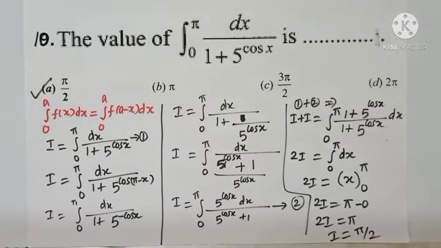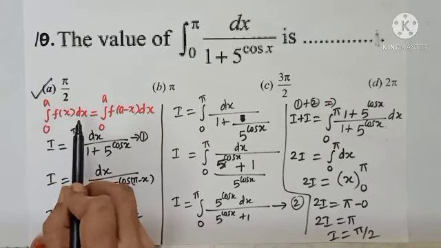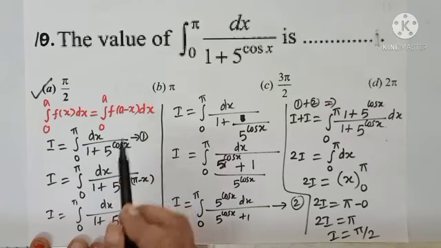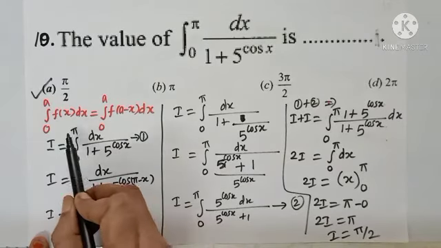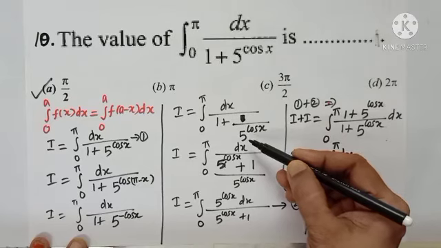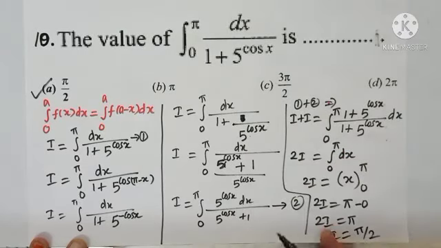So in this problem, we are using the property of definite integrals: integral 0 to a f of x dx is integral 0 to a f of a minus x. Wherever x is coming, I just put pi minus x. Cos pi minus x becomes minus cos x. Because the power is negative, we just bring it to the denominator. Taking LCM, reciprocating and calling that as 2.